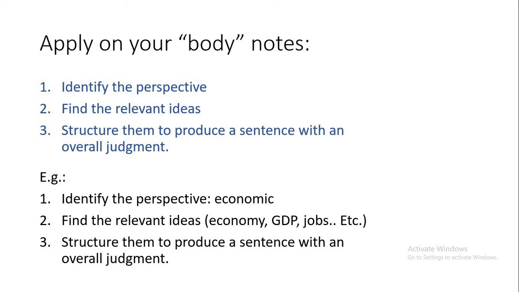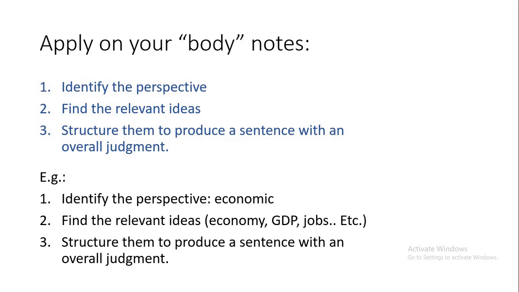In the case of writing about the impact of immigrants on hosting countries, whether immigration has positive or negative impacts, you can identify the perspective, whether it is economic, cultural, social, and so on. And then you'll find the relevant ideas taken from the sources provided from the reading pack, and then you will structure them to produce a sentence or a body paragraph or whatsoever, with an overall judgment at the end.